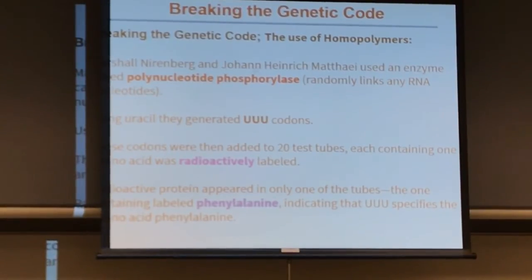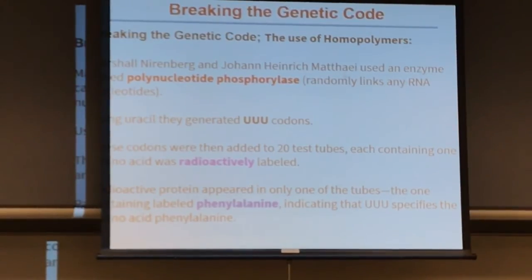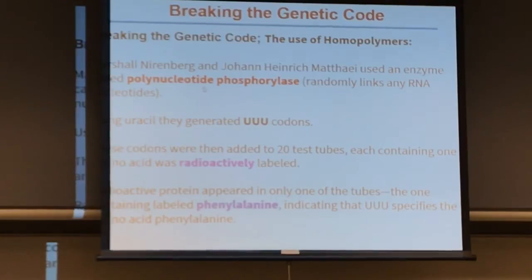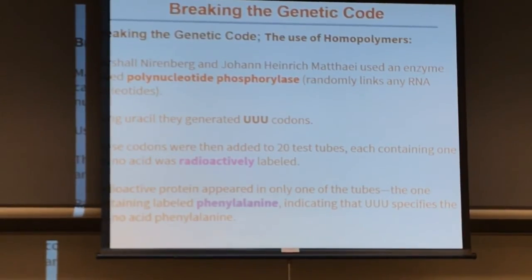Now, Marshall Nirenberg and Johann Matthaei were the first scientists who worked on something called the polynucleotide. They used the enzyme called polynucleotide phosphorylase. What the enzyme does is, if you add uracil, if you add adenine, if you add cytosine, whatever you add, it links them together.